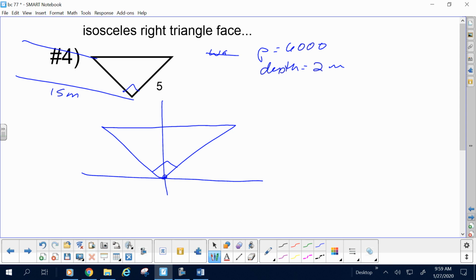They tell you that these are 5, and if it's isosceles, that must be 5. And they also tell you it's filled to a depth of 2. Are you with me so far? Yep. All right, and it's a work problem. So get started, and we'll talk it over once you run into an obstacle.